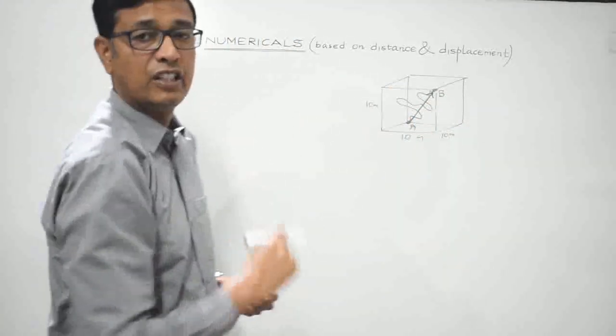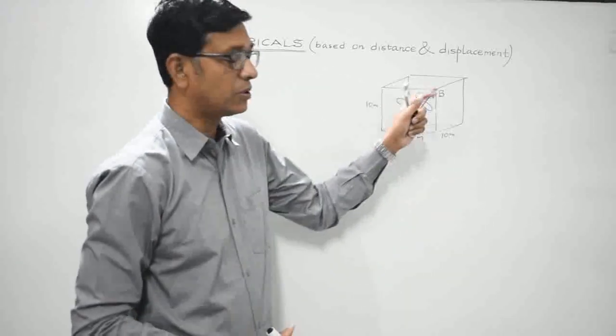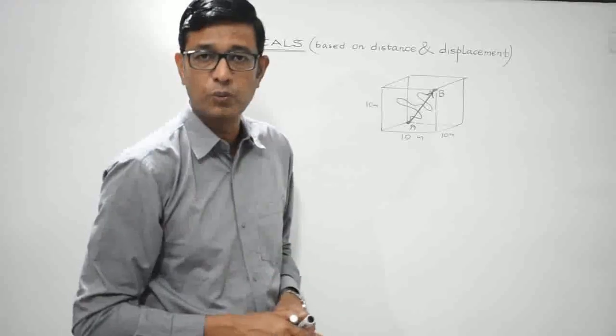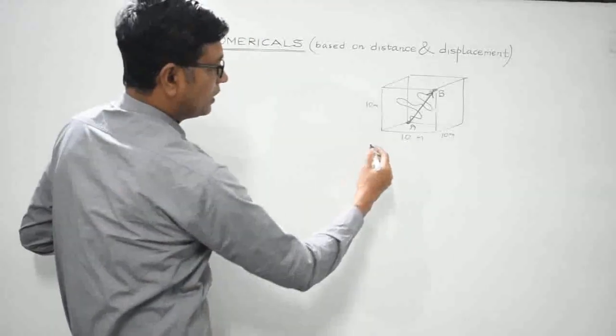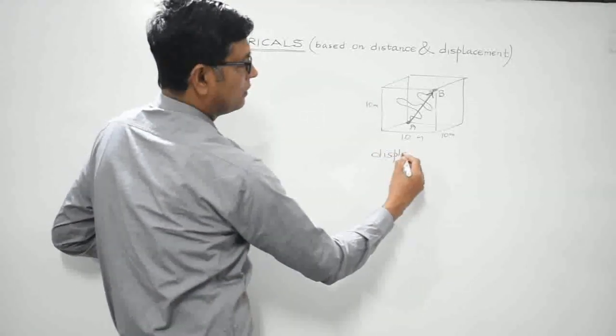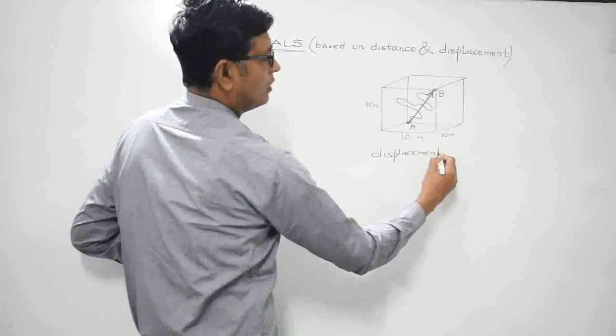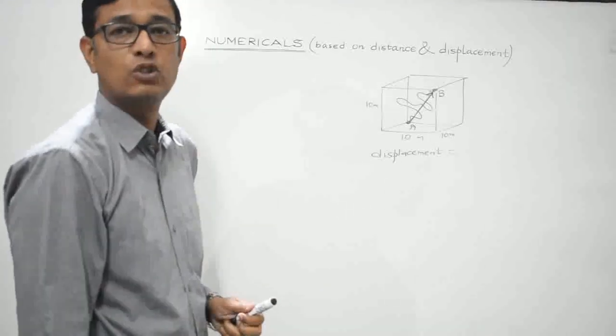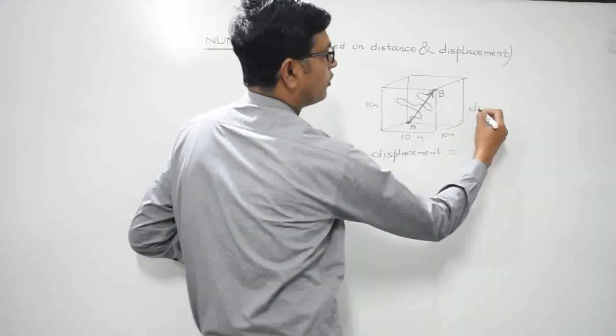As it's pretty evident from the diagram, displacement would be equal to the diagonal of this cubical room. So displacement in this case would be the diagonal of this cubical room, and the diagonal of a cube is given by root 3 into side. This is the formula for the diagonal of a cube.